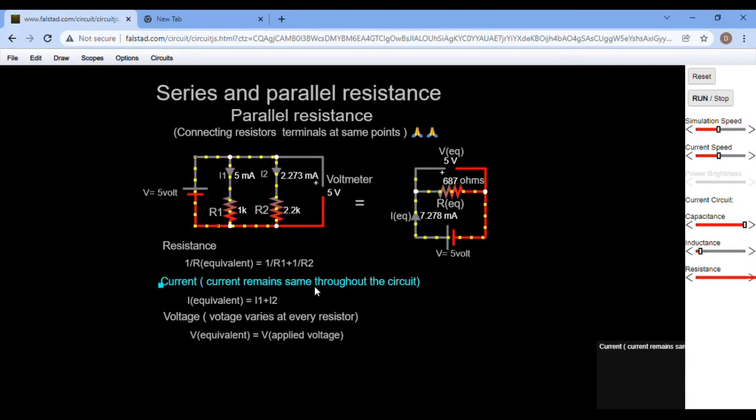Then in this circuit the current varies but the voltage remains constant, directly different from the series circuit, where the current remains constant but the voltage varies.